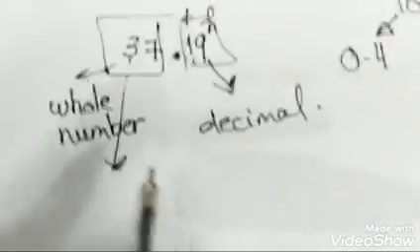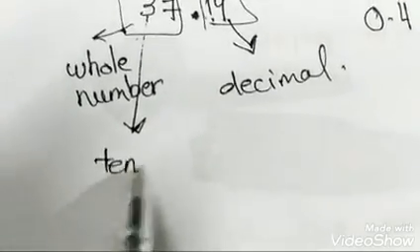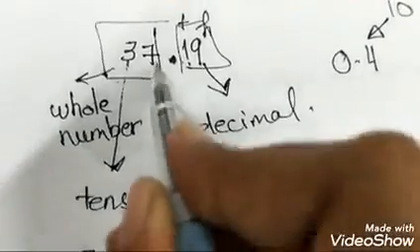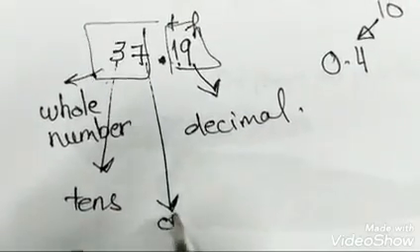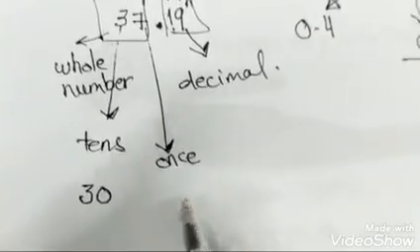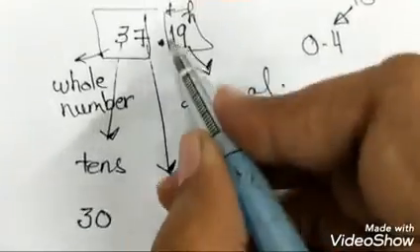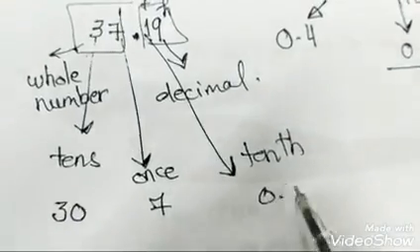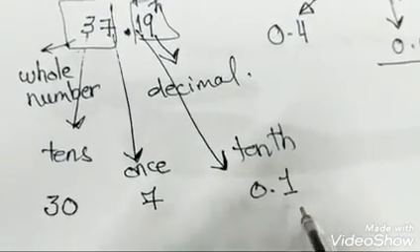The digit 3 is in the tens place, and the value of it is 30. The 7 is in the ones place, and the value of it is 7. The 1 here is in the tenth place, and the value of it is 0.1.